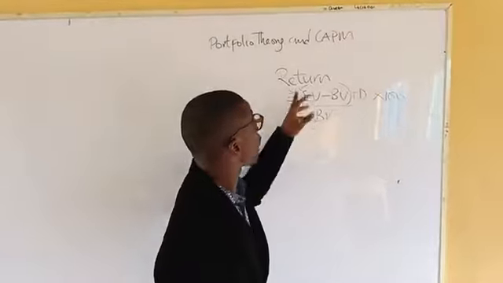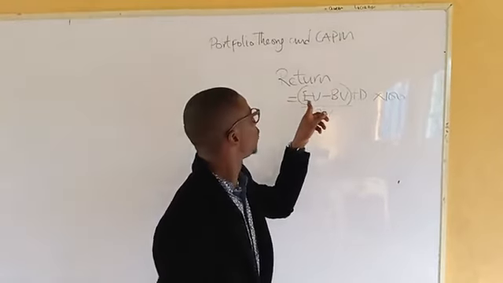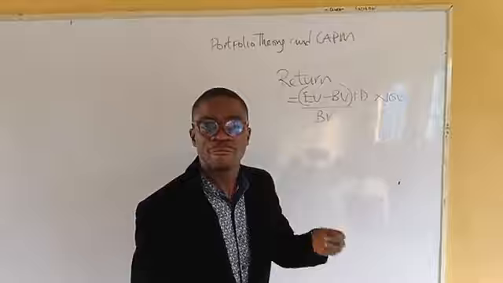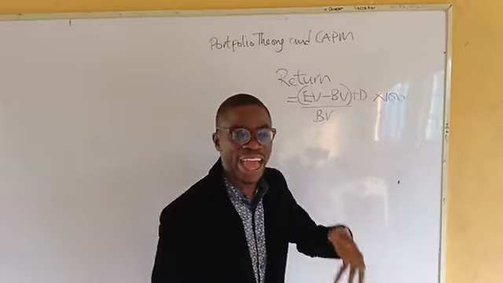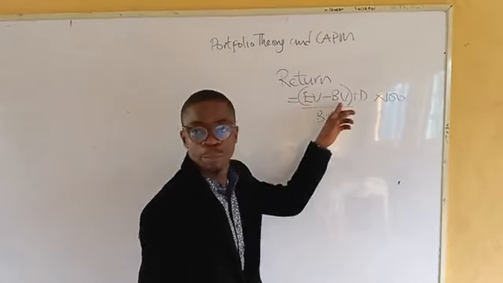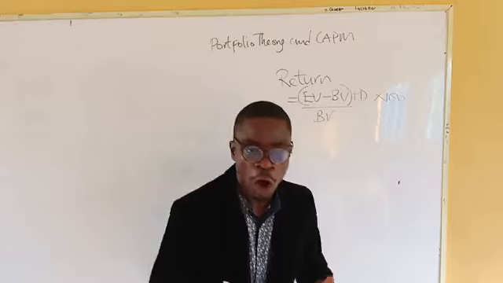Now, to calculate your return, EV means the value of the investment at the end of the period. And BV is the value of the investment at the beginning of the period.